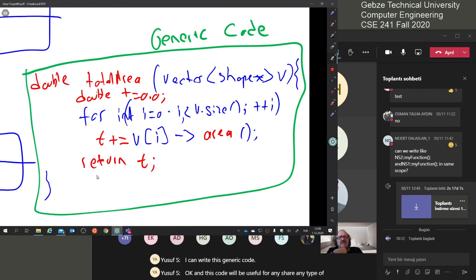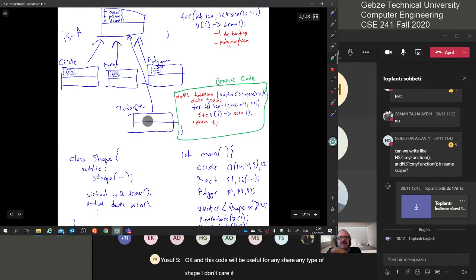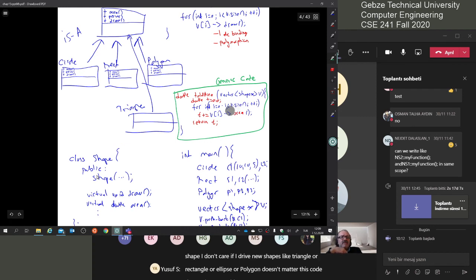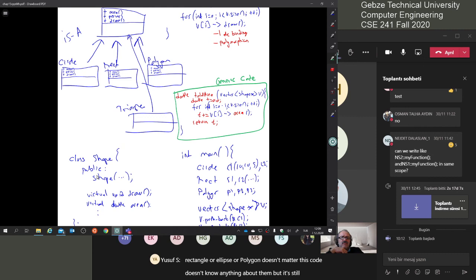I don't care if I derive new shapes like triangle or rectangle or ellipse or polygon, doesn't matter. This code doesn't know anything about them, but it still works for any kind of shape. So it's generic code. I am using inheritance to write more generic code.